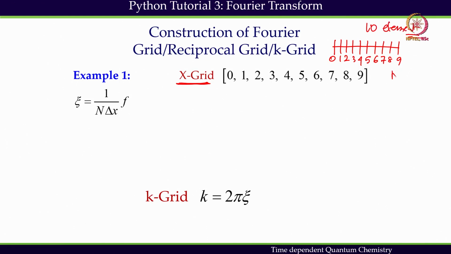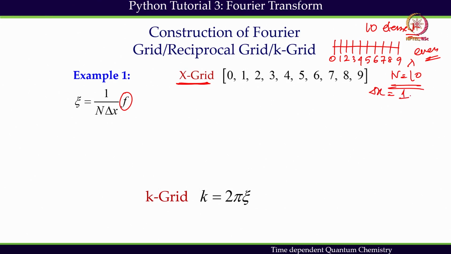So, N equals 10 for this problem, and N equals 10 means that it is an even number. I have shown that for an even number the frequency list would be different, and for an odd number it would be different. So, if it is an even number, then delta x is 1 in this X space.